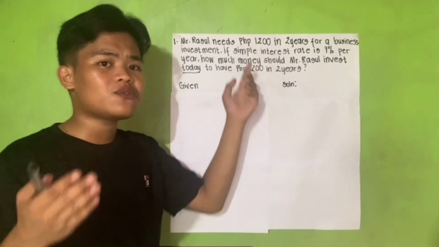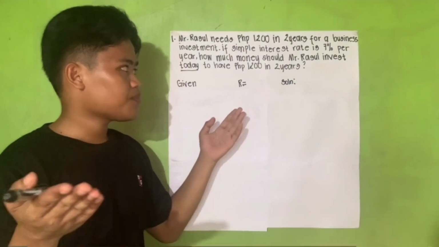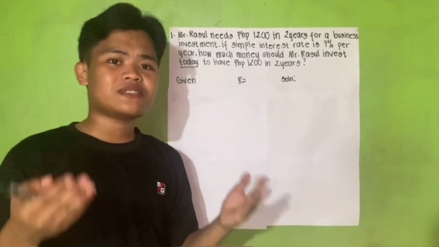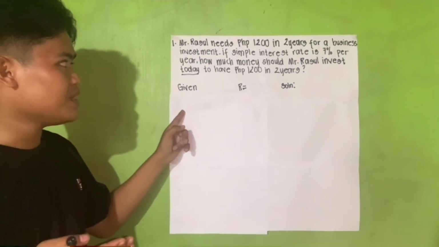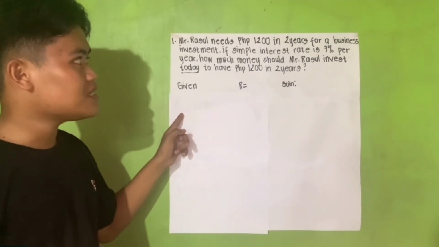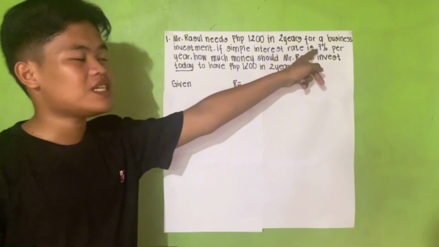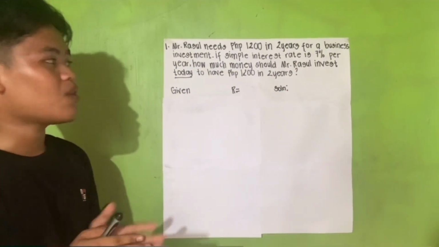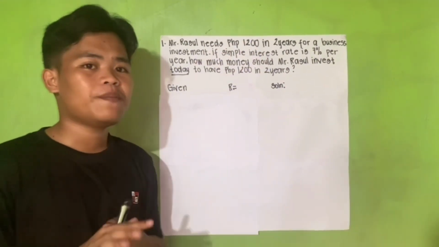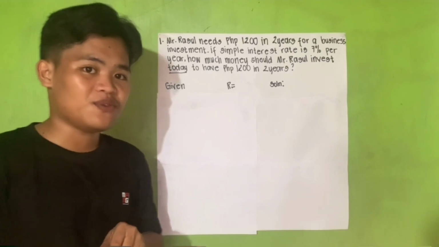So ano itong 1,200 pesos dito? The 1,200 pesos here is our future value because it is 1,200 pesos in 2 years. Therefore, our 1,200 pesos is our future value.